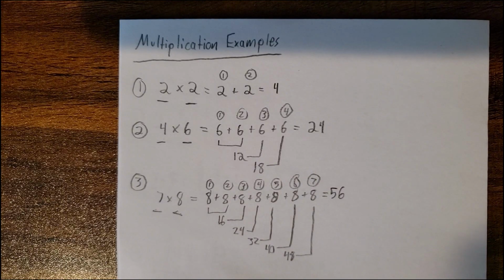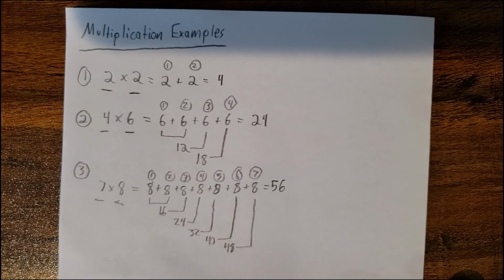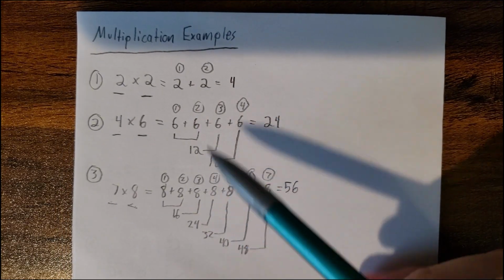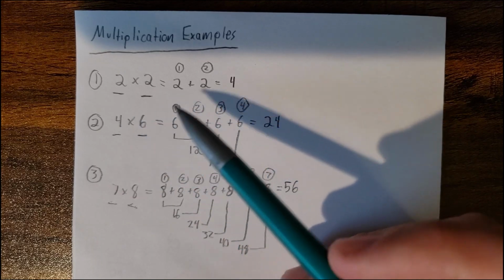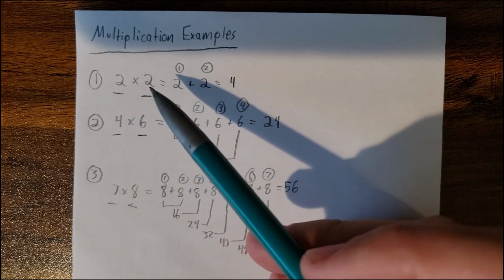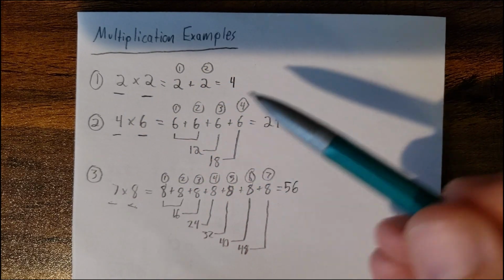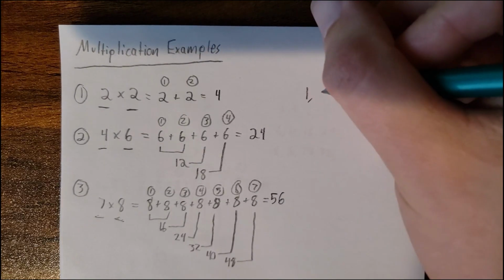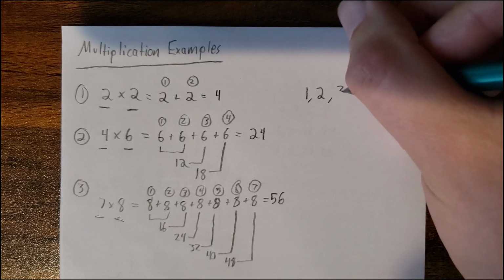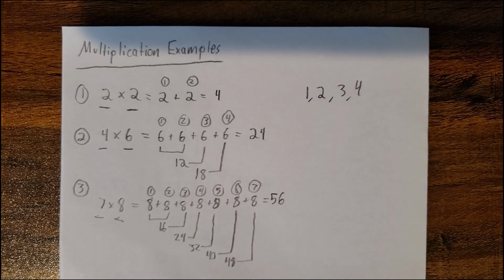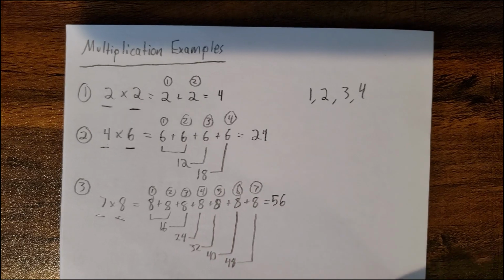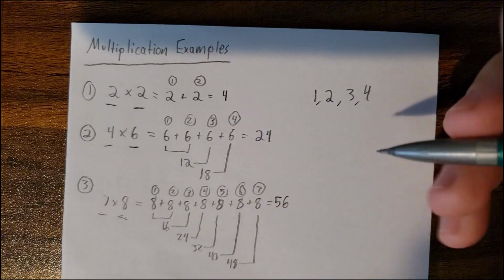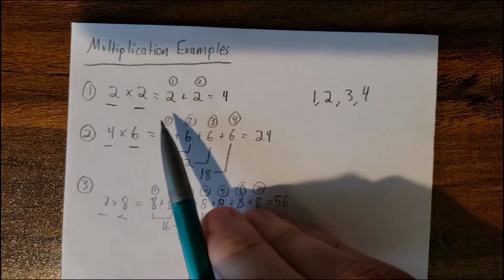Now, I hope you guys have caught on to this, but I'll say it one more time just to be clear. Effectively, what we're doing here is we're just counting by a bigger number. Usually, when you think about counting, a lot of people will start with 1, 2, 3, 4. Here, you're just counting by 1. If you wanted to count by 2's instead of 1, you'd start like we did here.